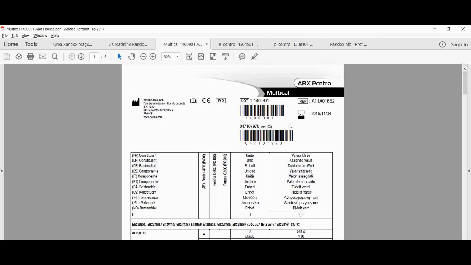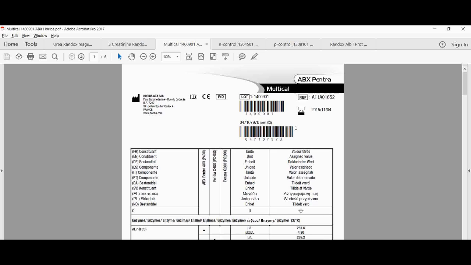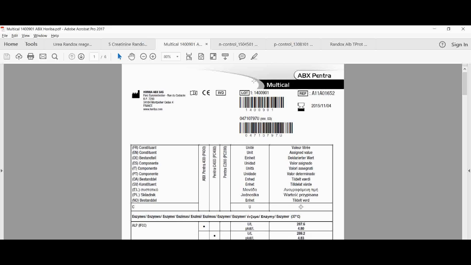and in this case, a multi-cal, which is multi-calibrator, meaning that there are more than one analyte within this calibrator, and there's the lot number of this calibrator, there's the reference number.